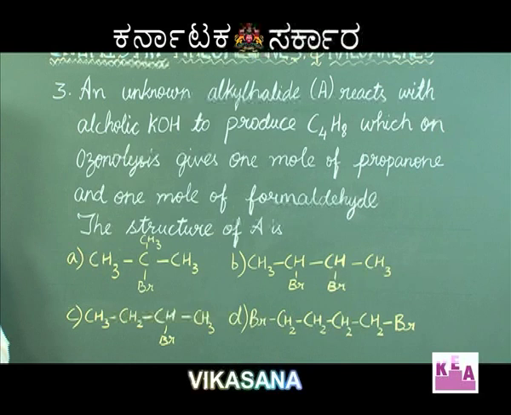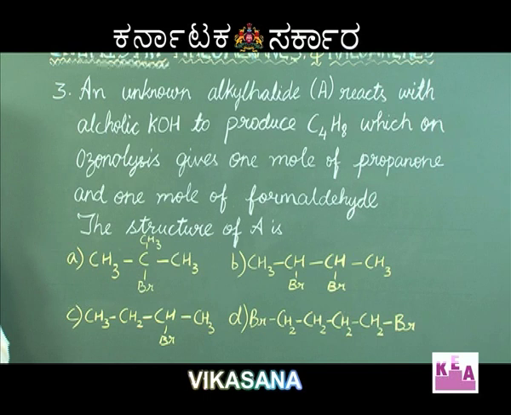The question is, an unknown alkyl halide A reacts with alcoholic KOH to produce C4H8, which on ozonolysis gives 1 mole of propanone and 1 mole of formaldehyde.